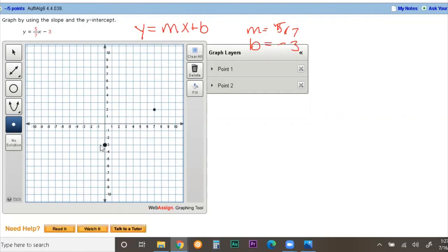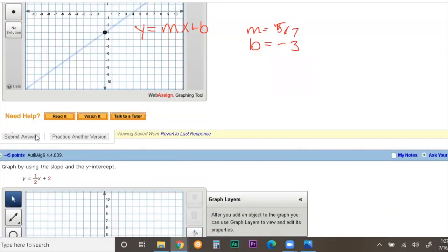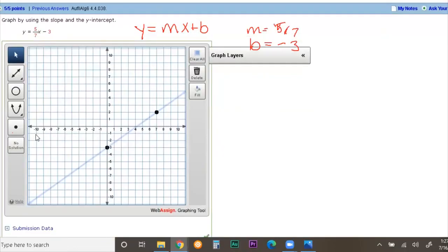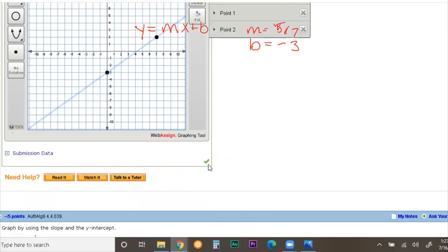Now that I have those 2 points plotted, I'm going to click on the double arrow, make sure that's selected. I'm going to click on this point, click on this point, and it's going to create the line. So now I'm going to submit the answer. And it's correct.